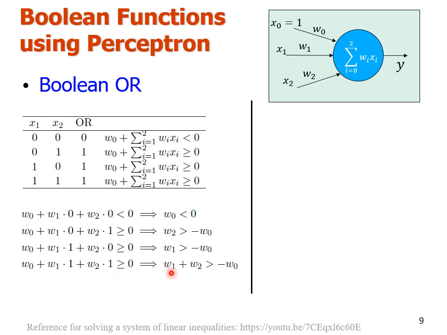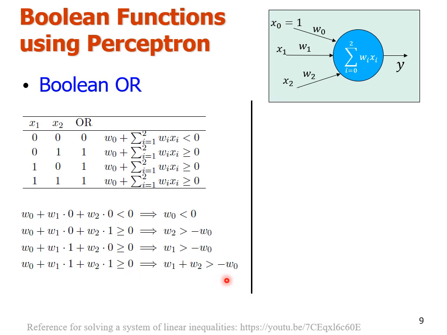So this implies the inequality w1 plus w2 greater than minus w0. So ultimately we now have the 4 equations or linear inequalities, and it is possible to solve the linear system of inequalities using algorithms.